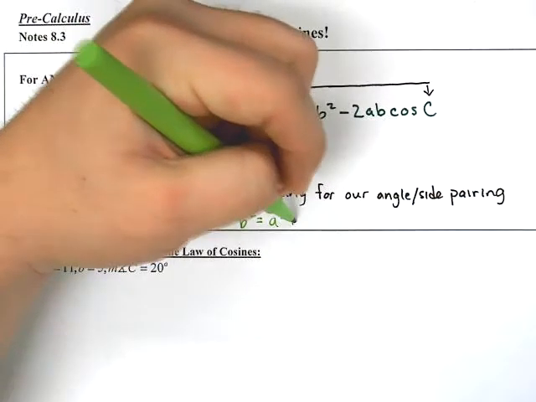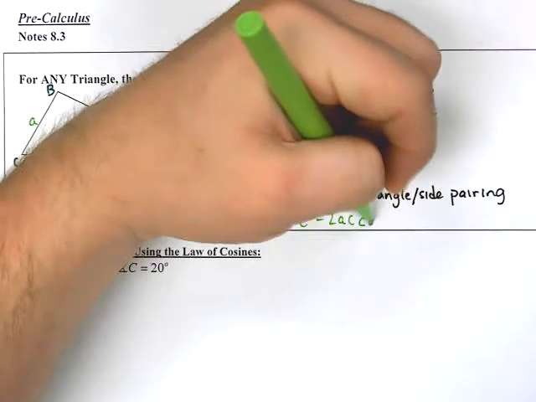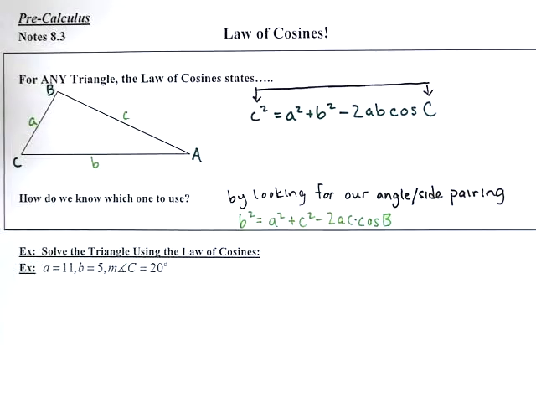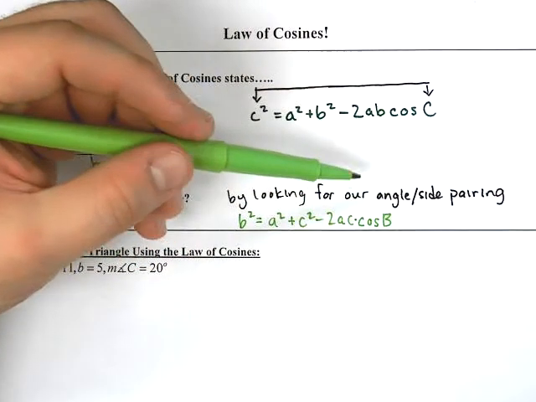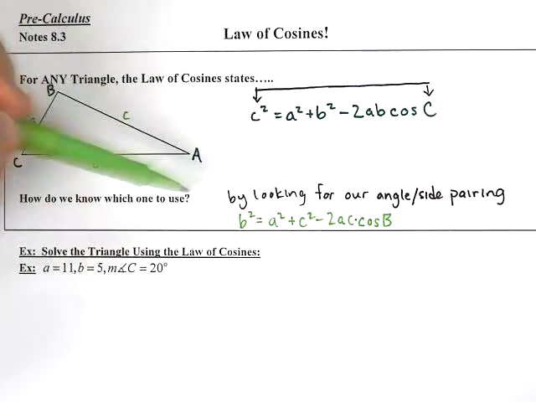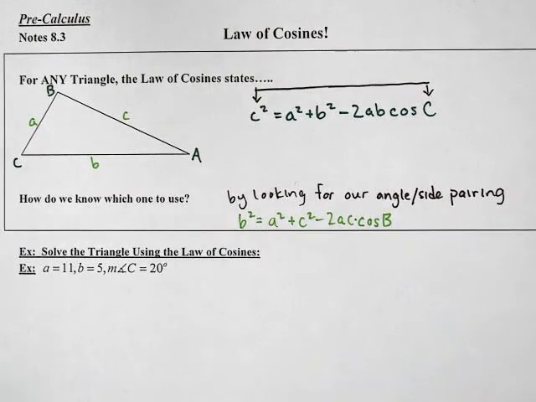A squared plus C squared minus 2AC, and then cosine B. Hopefully that makes sense, right? Once you figure out the angle that you're looking for, that dictates which format or which formula you're going to write. Okay? So let's jump into this. Again, blind faith right now on this formula. If you want to watch a video on the proof, I will post that in a little bit.